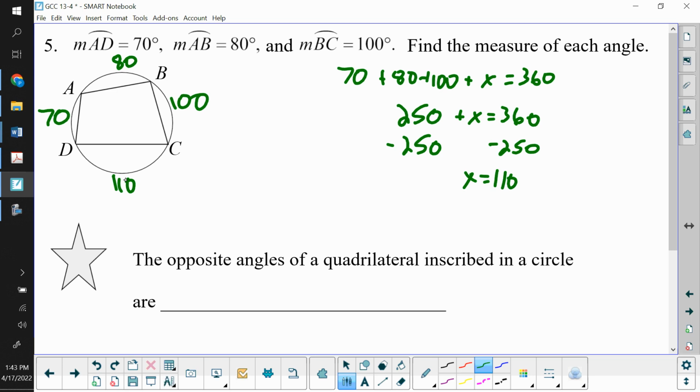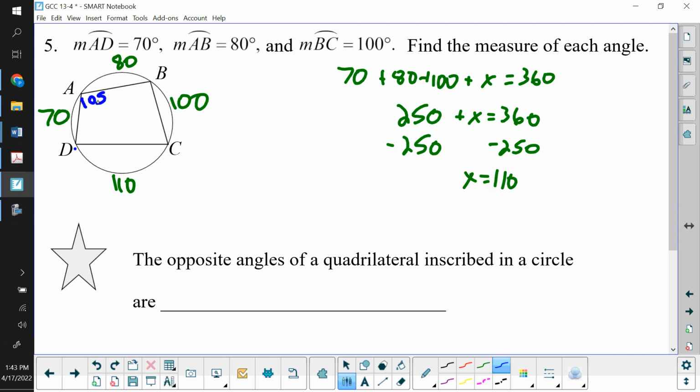Well, we want to find the measure of each angle. Let's start out maybe with angle A. Angle A hits the circle at D and B. So angle A, which notice is inscribed because it's on the circle, is going to be half of that arc. Together, those are 210. If we take half of 210, we'll get 105.